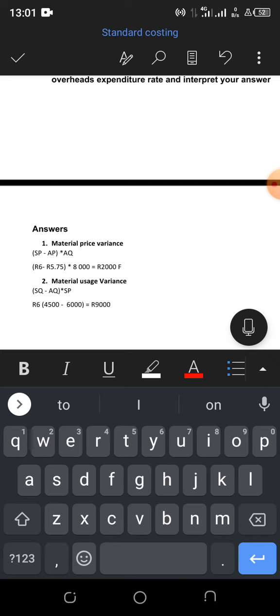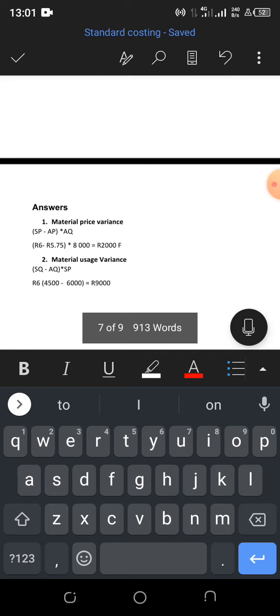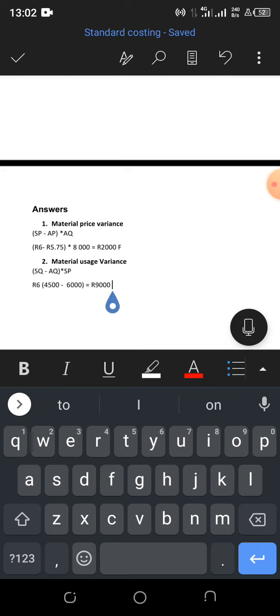Now the question keeps arising: is it favorable or unfavorable? Let's check again. The standard quantity is 4,500. Then the actual one is 6,000. So, in other words, we planned to use material of 4,500, but we ended up using the actual quantity of 6,000.